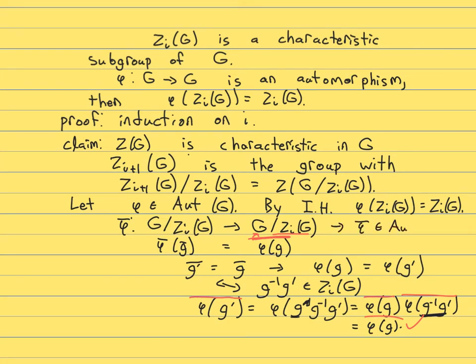That's really what I wanted. In particular, because that's an automorphism, it's going to preserve this center, because this center is a characteristic subgroup. That's the inductive step for i equals 1.